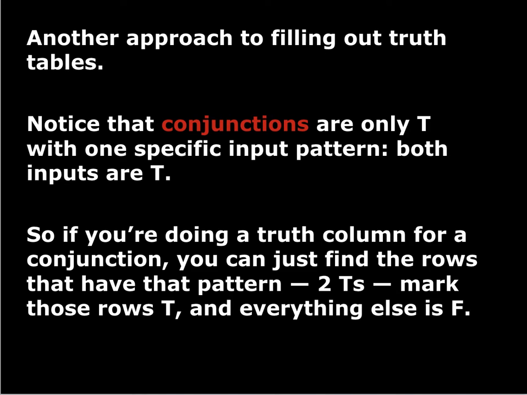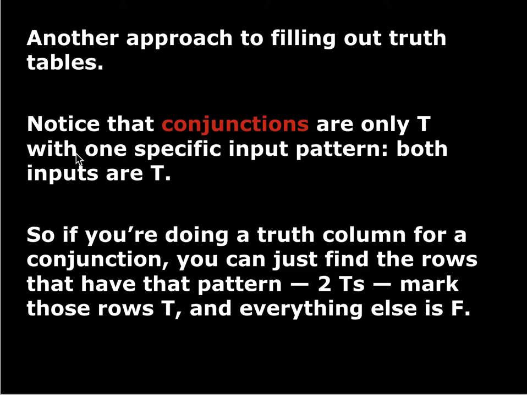Notice that, well, obviously negations are easy. It's just the opposite. If the negated statement is true, the negation is false, and vice versa. So just think of it as the opposite truth value. The two-place functions, conjunction, disjunction, and conditional, are all such that there's one particular pattern that's unlike the three other patterns.